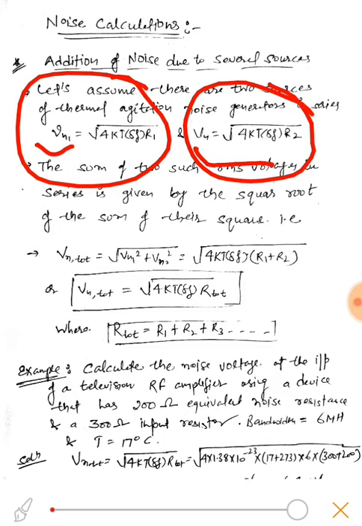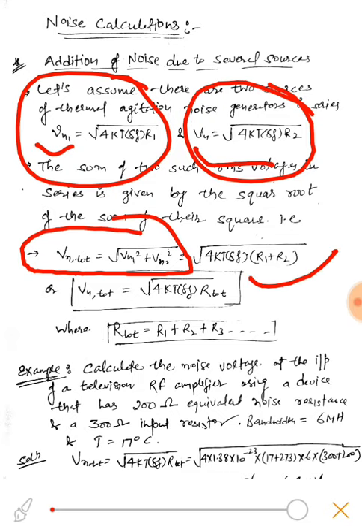If they are connected in series, then the total noise voltage is the square root of the sum of squares of individual noise voltages, which comes out to be under root 4kT into delta f into the addition of these two, that resistance is R1 plus R2 because they are connected in series.